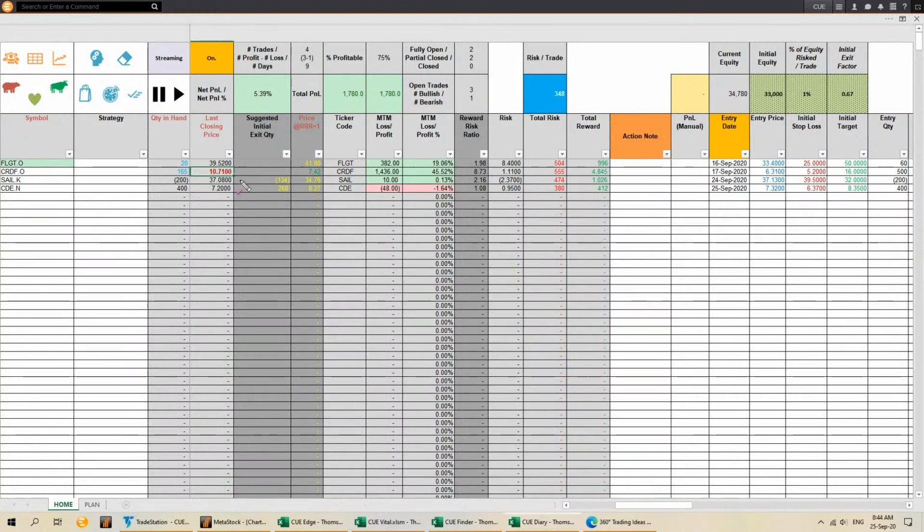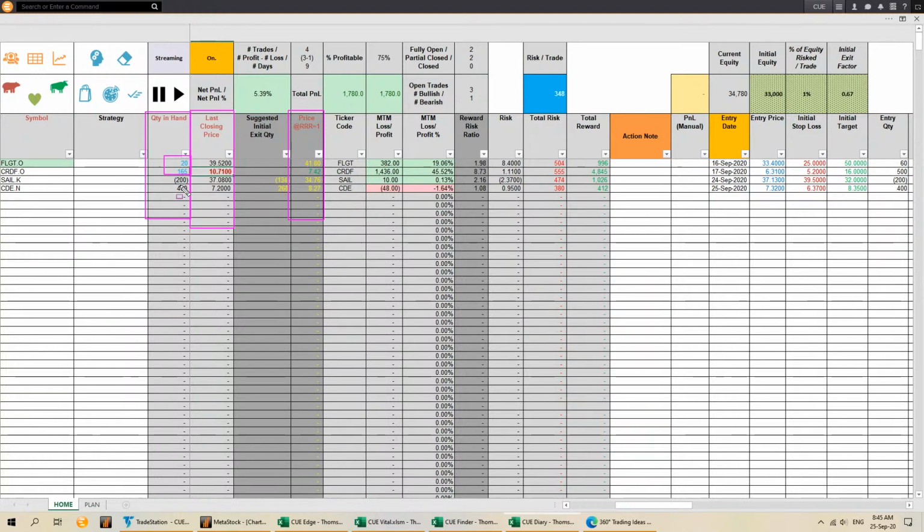That is how you may gather several important signals from the Q tool. One is from last closing price, whether it is hitting your target or stop. From price at RRR equal to 1, it shows whether price has hit the level where your risk ratio equals 1. Quantity in hand shows which ones are partially closed.